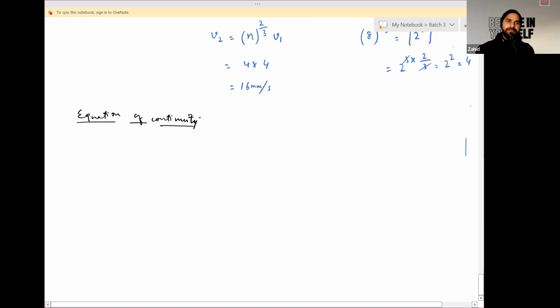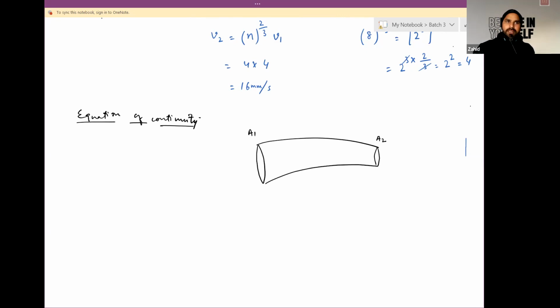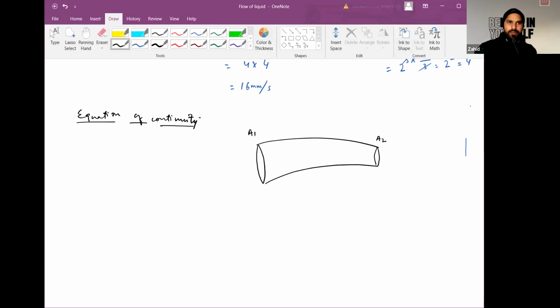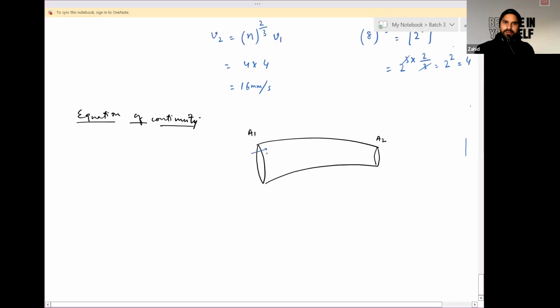Equation of continuity. Suppose you have a tube of varying cross section. Area of cross section at this end is A1 and at this end is A2, in which liquid is flowing, and which should be non-viscous and incompressible.